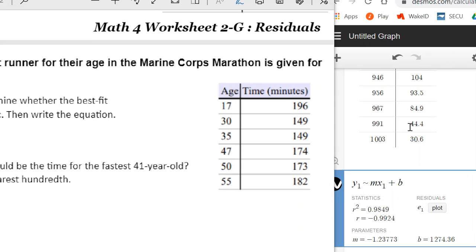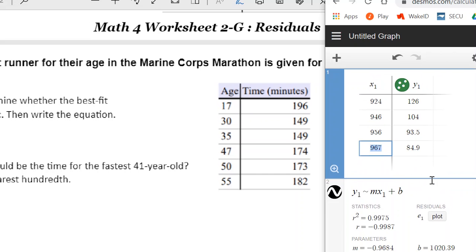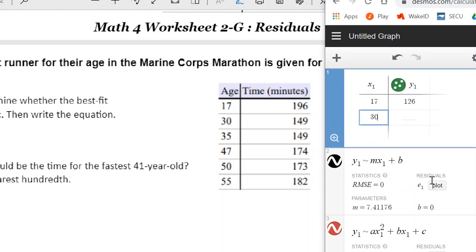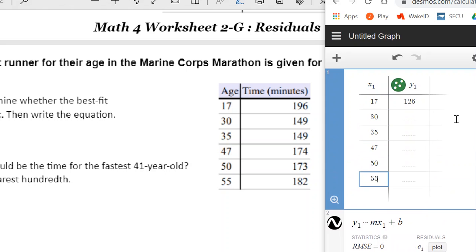All right, so on our chart, we need 17, 30, 35, 47, 50, and 55. And then up here, 196, 149, 149, 174, 173, 182.